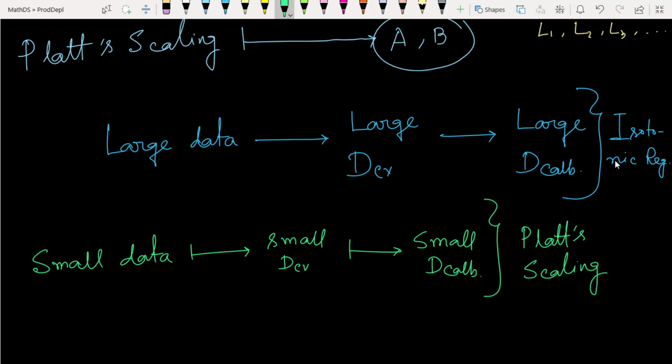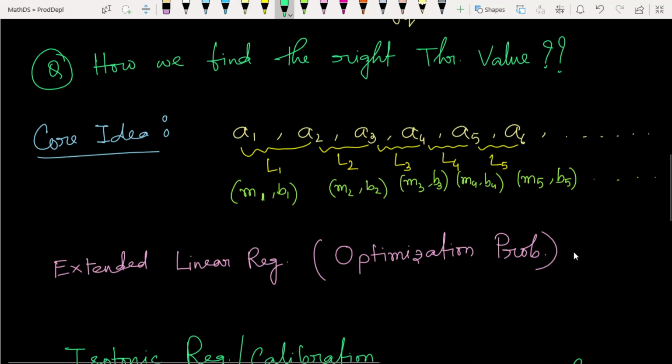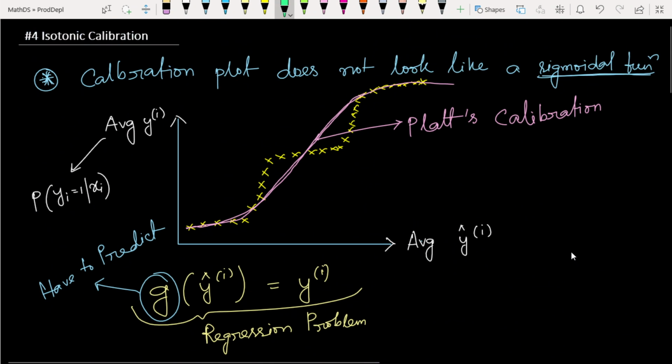But if you have a small data set, it will always be better to apply the simple Platt calibration model. When we discuss the real case study, you will see these things in more detail.